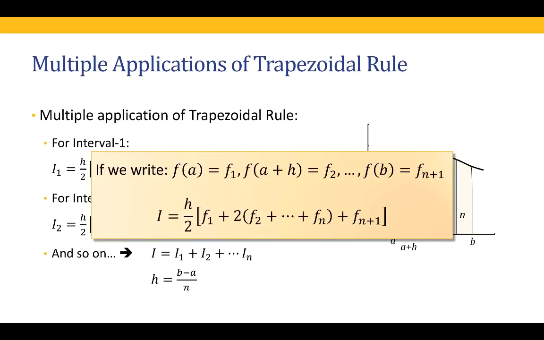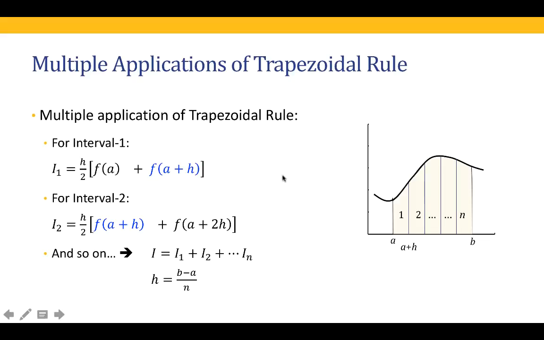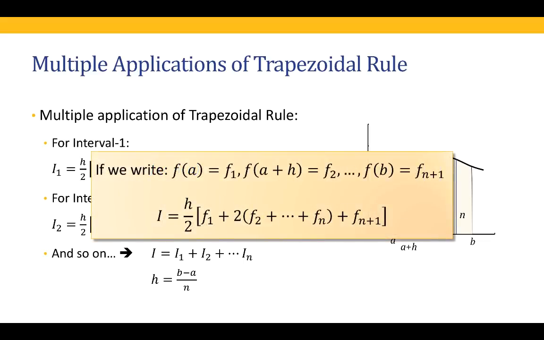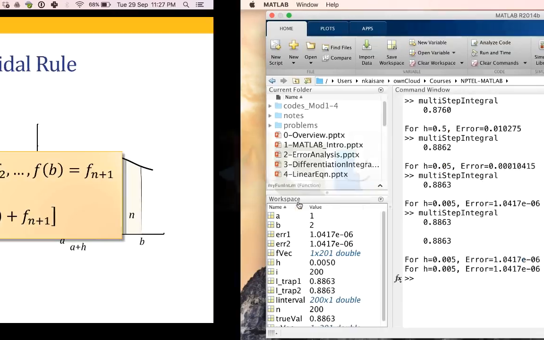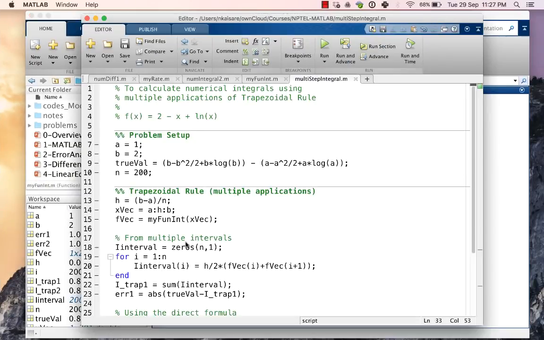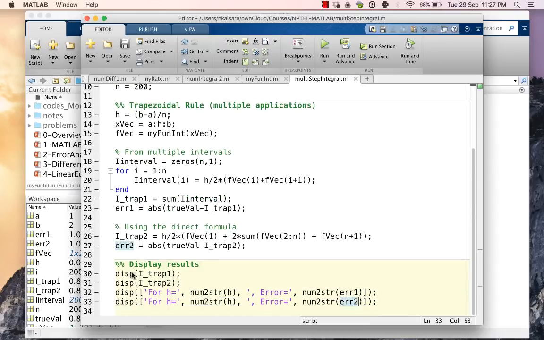The first one was by calculating the integral for each of those intervals and summing that up. The second and the more efficient way, and the method that I will recommend highly, is to pre-calculate the overall result and then code that in MATLAB as shown over here.